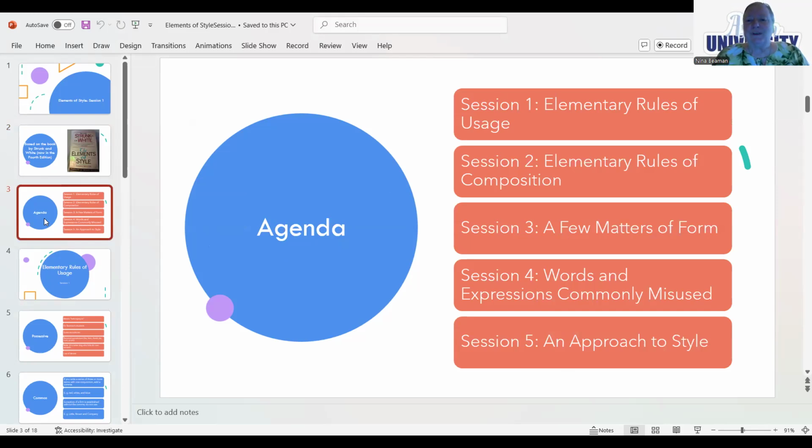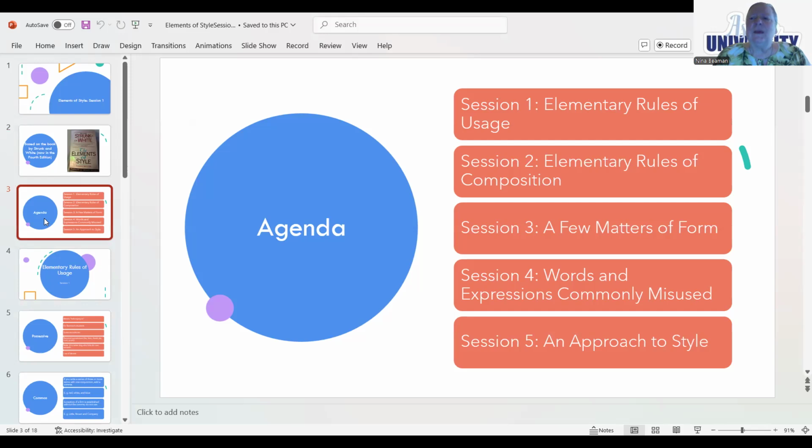So in session 1, we're just going to talk about the elementary rules of usage. And then we're going to talk about composition in the second one, and then some matters of form in the third one, and then words that we commonly misuse in the fourth one, and a very short conclusion in the 5th session.